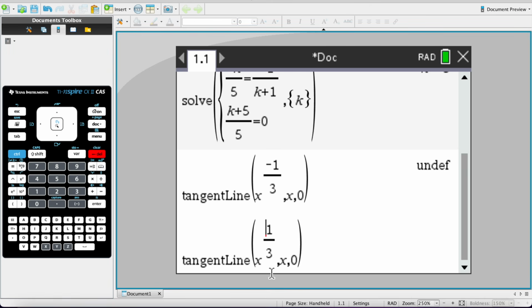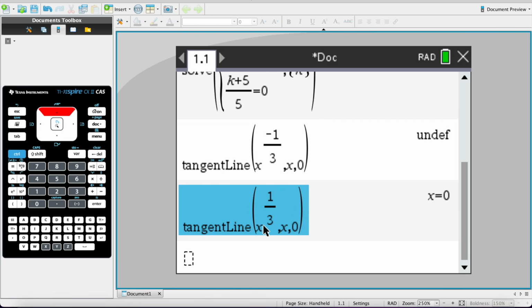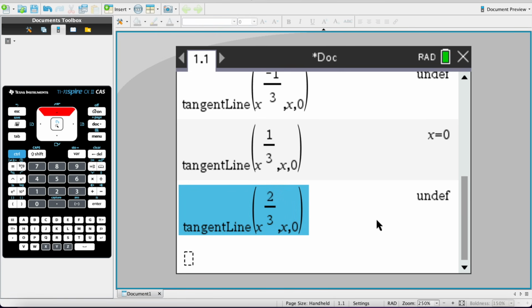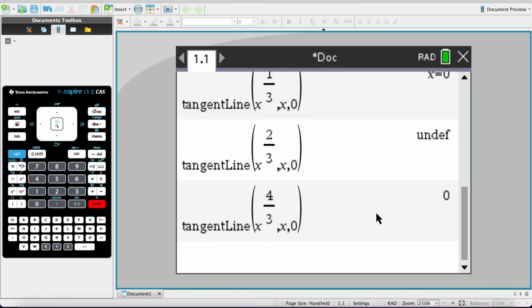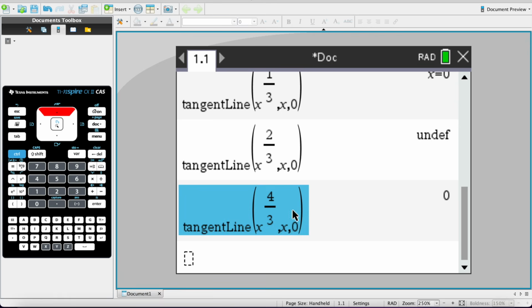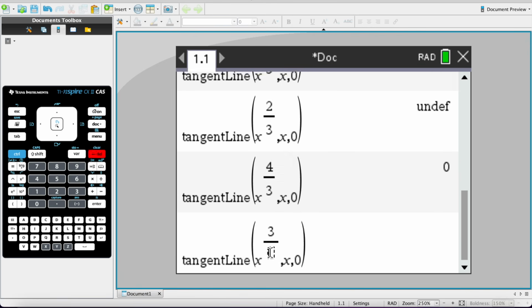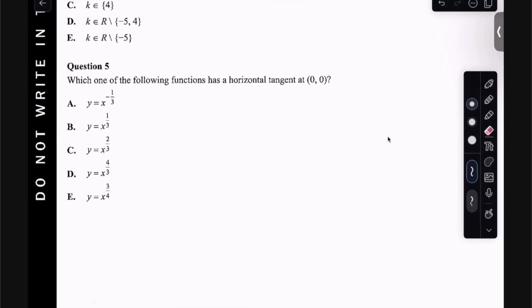That's x is equal to 0. Again, that's not what we want. 2/3 probably won't make a difference. Yep. 4/3, that's y is equal to 0. So it looks like it's x to 4/3. We'll just check the last answer just in case. So that's 3/4, and that's undefined. So the answer should be 4/3. So that's D.